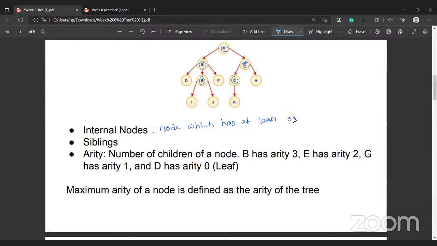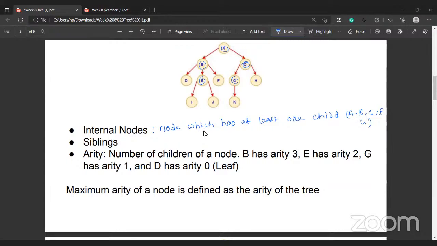Internal nodes are A, B, C, E, then G also, right? Then siblings.